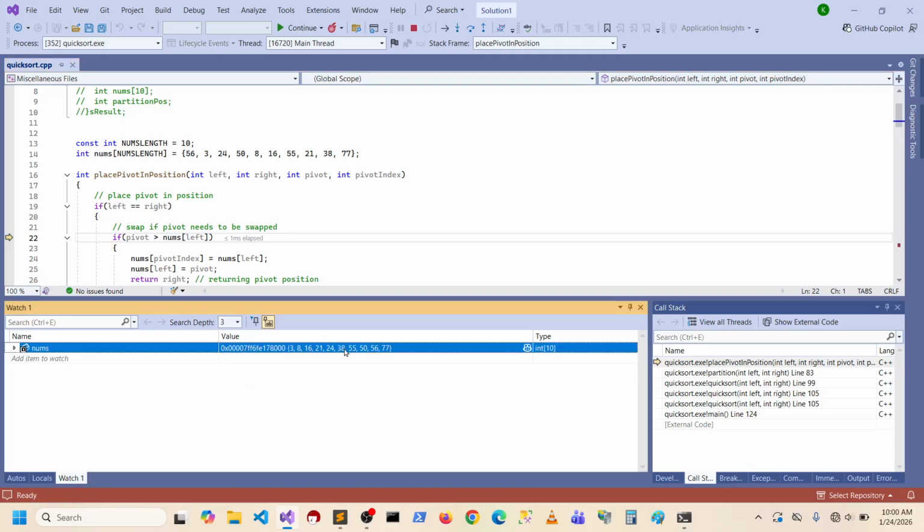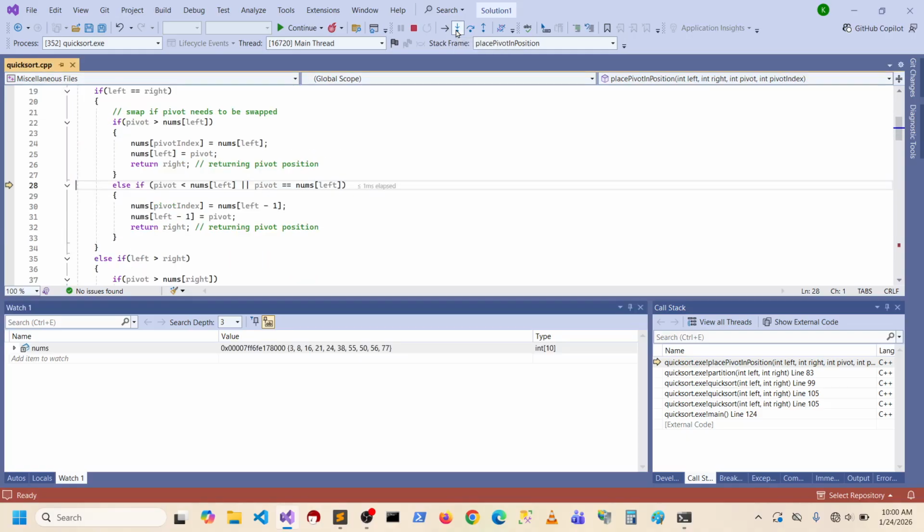Zero, 1, 2, 3, 4, 5, 6. So it's not greater than that. So now it moves here. It is less than 55, so it'll go in here. 0, 1, 2, 3, 4, 5 equals 6. That's 55. 55 minus 1.